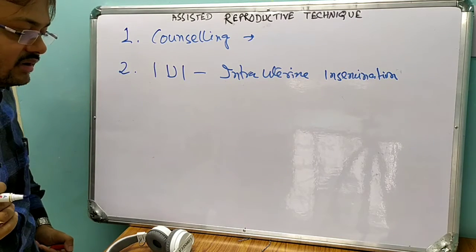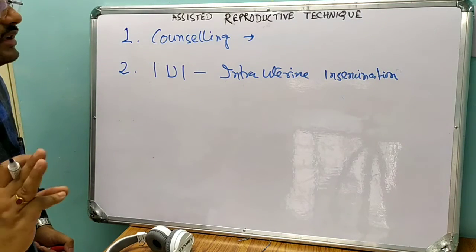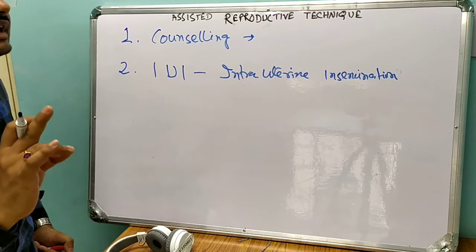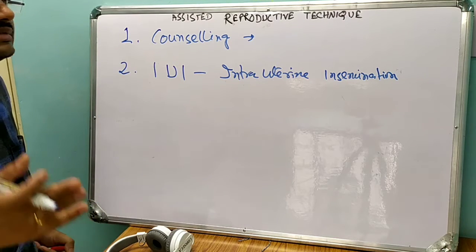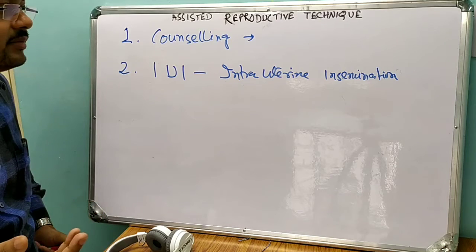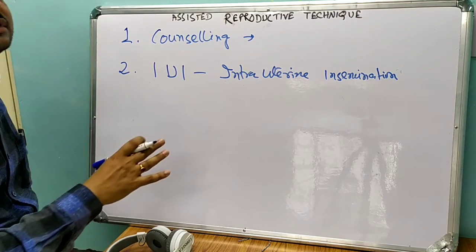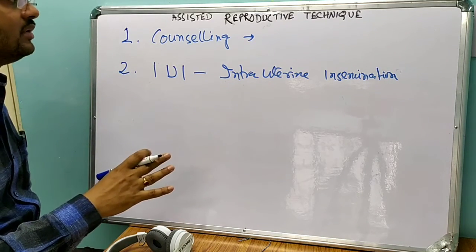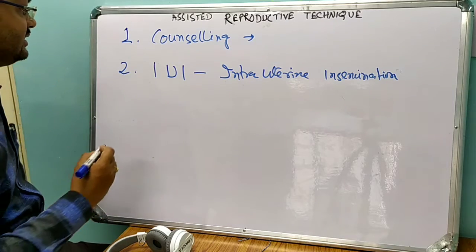So your copulation part is bypassed, you don't require to copulate. Your cervix and these pathways, if there is any kind of block, that might be bypassed. So this is the most primitive technique of assisted reproductive technique.